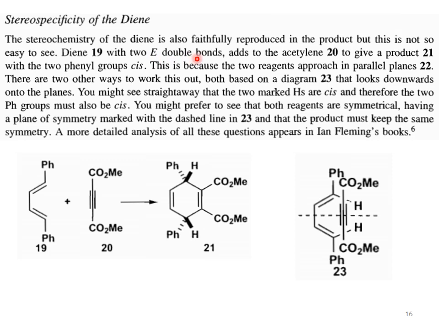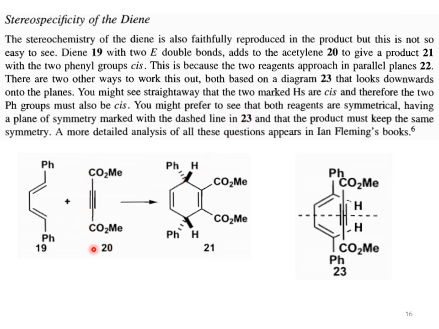So this hydrogen and this hydrogen are opposite to each other. So this is an E double bond and similarly this is an E double bond. So this diene has the 2 double bonds. The 2 double bonds are cis to each other, but the configuration is E. At this double bond there is E configuration, and at this double bond there is E configuration.